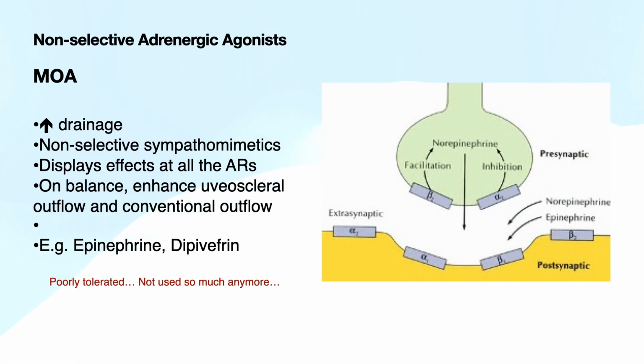However, overall, the balance, it will enhance the uveoscleral outflow and also the conventional outflow, such as using epinephrine. However, these drugs are poorly tolerated, and clinically they are not used so much anymore, and we have better options. Here I present it just for the completeness of information.